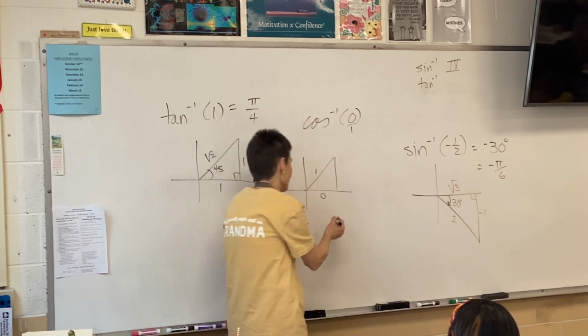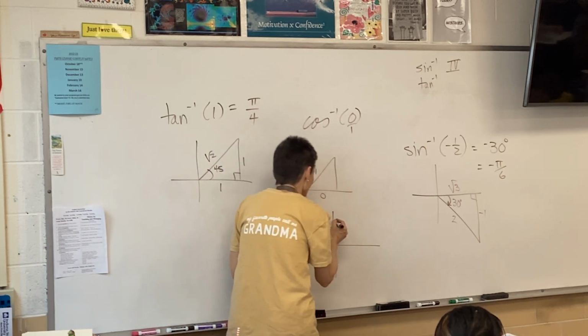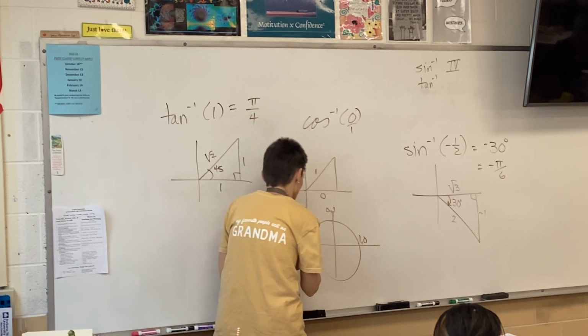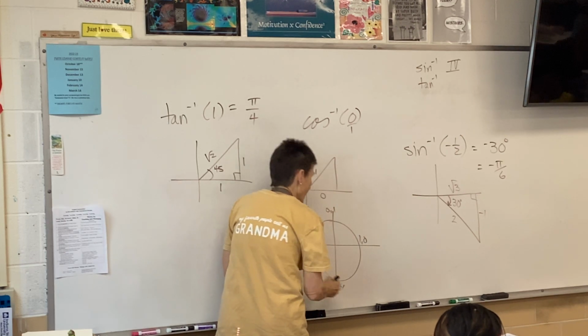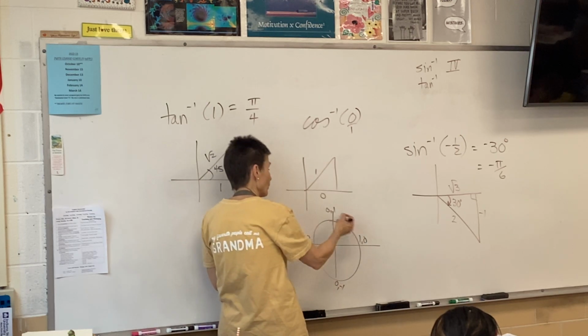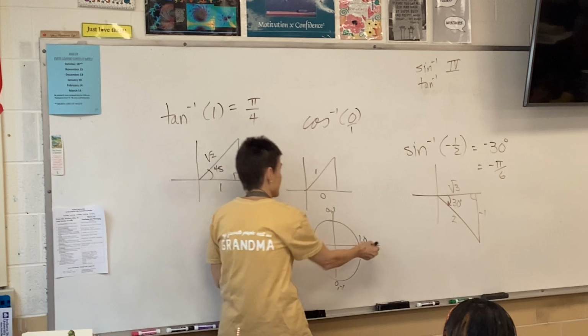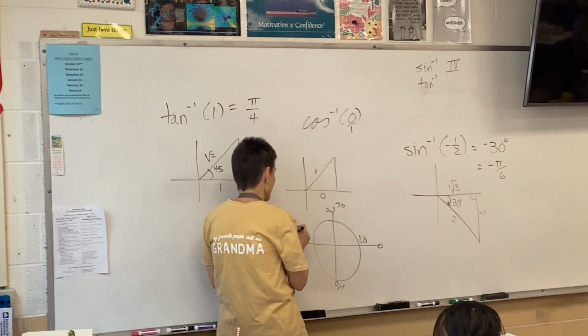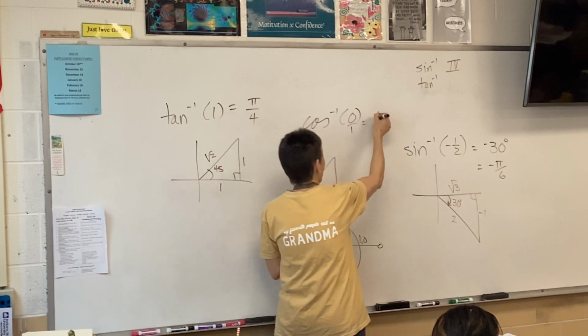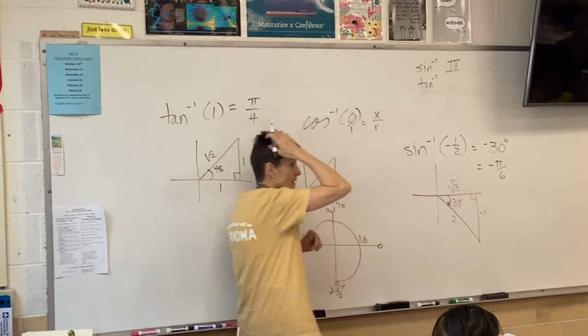Draw the circle. And I'm going to look around the circle until I find the first place. I'm going to go in order: 0, 90, 180, 270. The first place where x is 0 and r is 1.